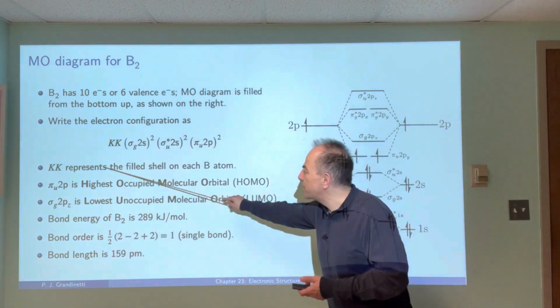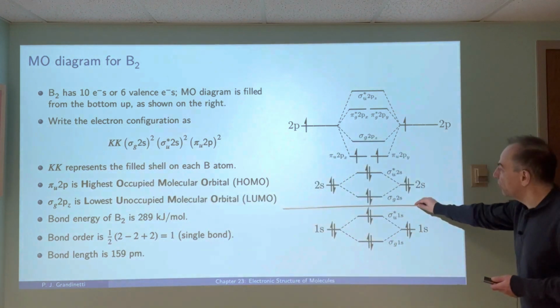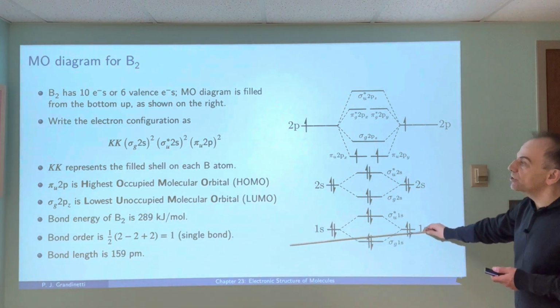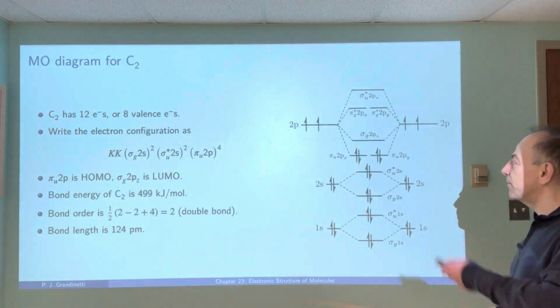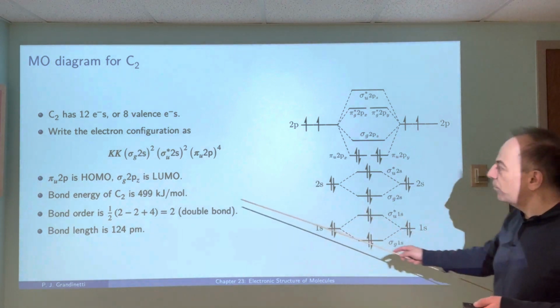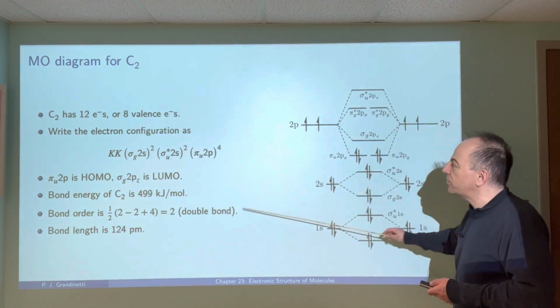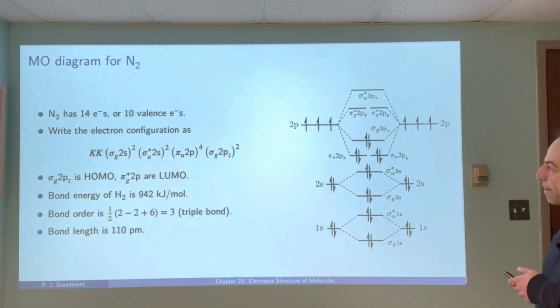So everything that represents the filled shell, we're just going to use the symbol KK to represent the filled shell down here. So for the boron, everything below here we'll just call KK, and we'll just count from the valence shell up so that we don't have to create all these extra terms here. So in the case of carbon, then we're going to have this KK for the filled shell, and then we'll just consider the valence shell up here in the configuration.